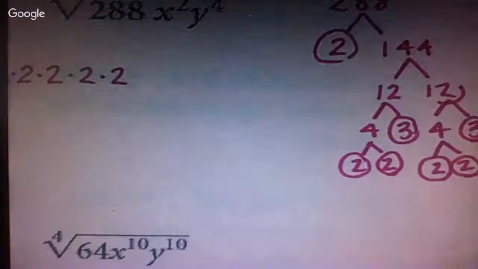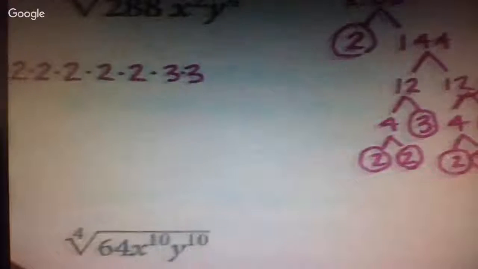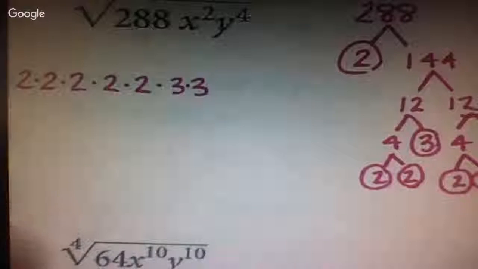Okay. So in 288, we've got 1, 2, 3, 4, 5 2s, and 2 3s. I also look at my variables. X squared means I have 2 x's.